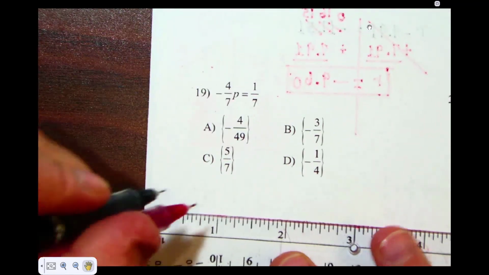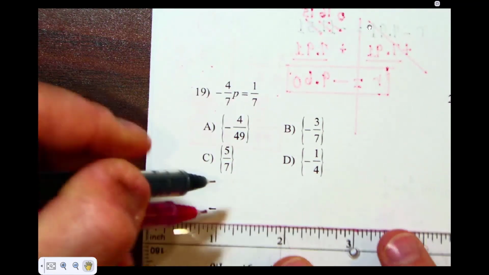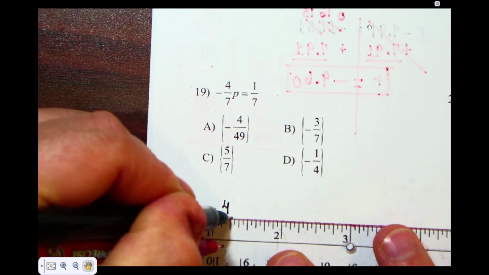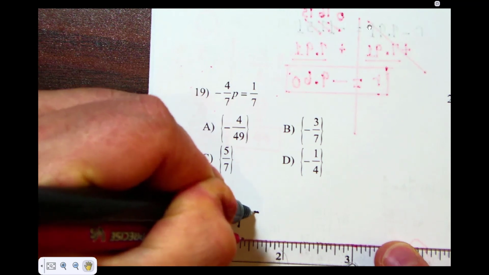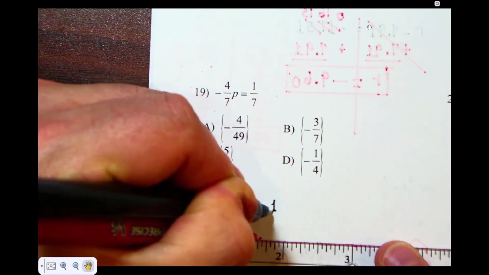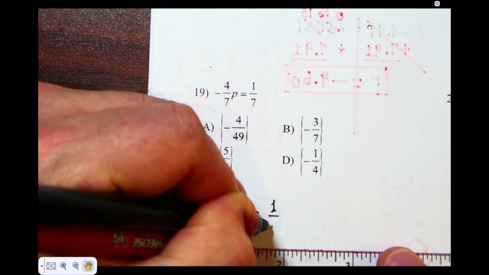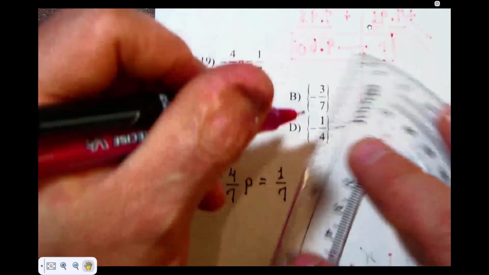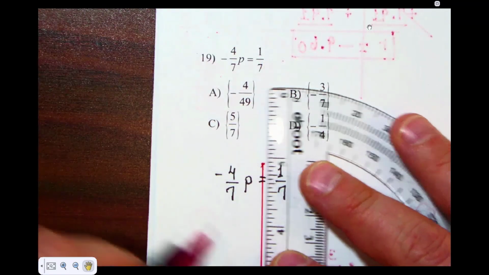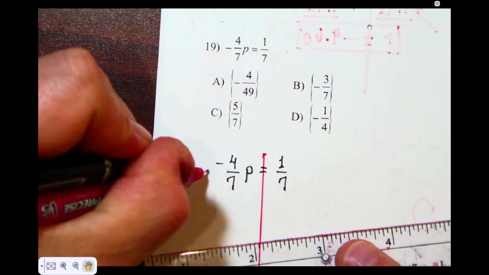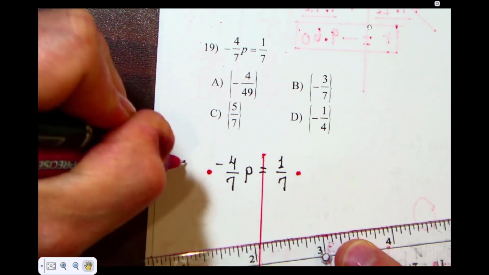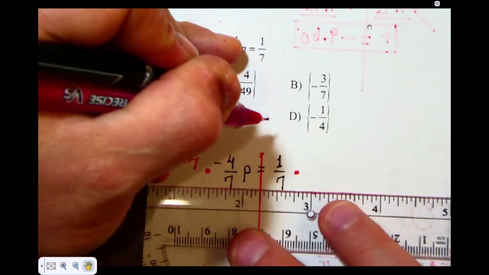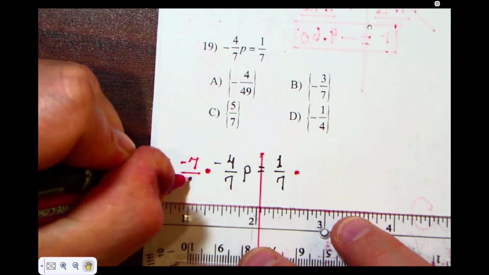Number 19. Negative 4 over 7p equals 1 over 7. Well, remember, just flip it. Okay? So we're going to multiply both sides by the flip. So negative 7 over 4.